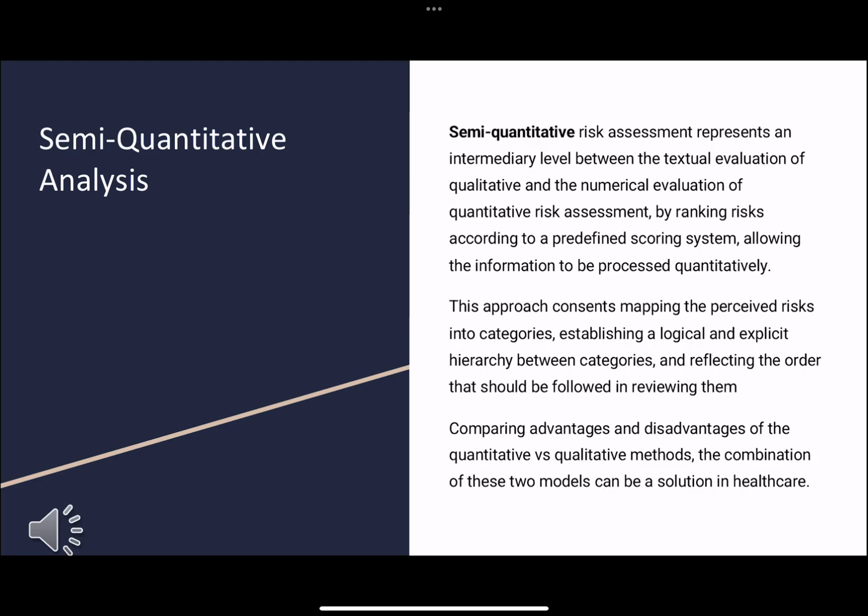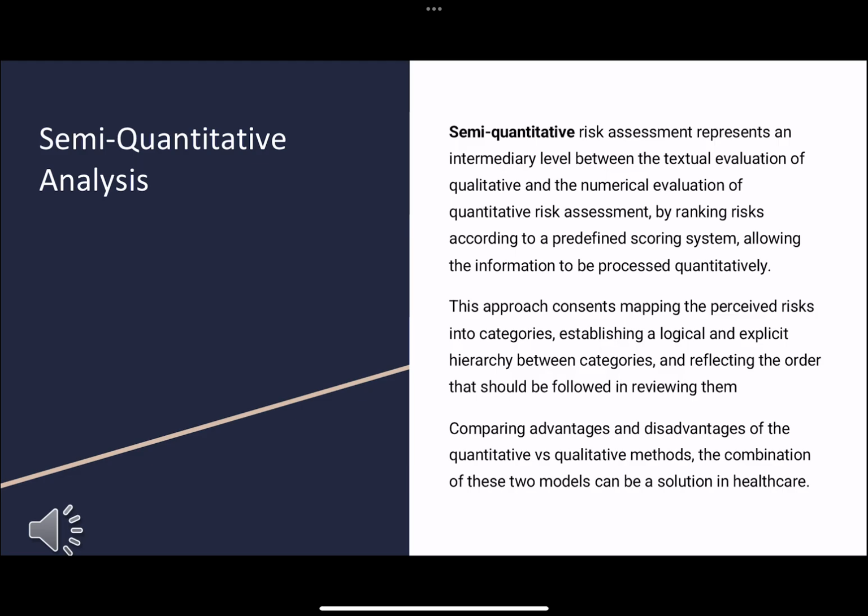By ranking risk according to a predefined scoring system, it allows the information to be processed quantitatively. This approach concerns mapping the perceived risk into categories, establishing a logical and explicit hierarchy between categories and reflecting the order that should be followed in reviewing them.